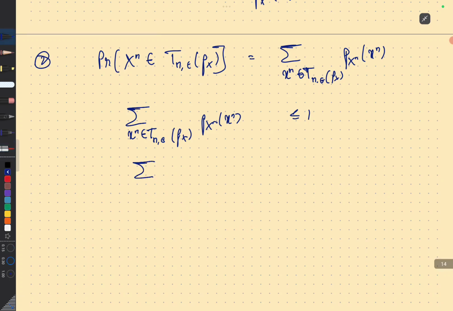So the summation over xn in the typical set of 2 to the minus n times the entropy times 1 plus epsilon is less than or equal to 1.